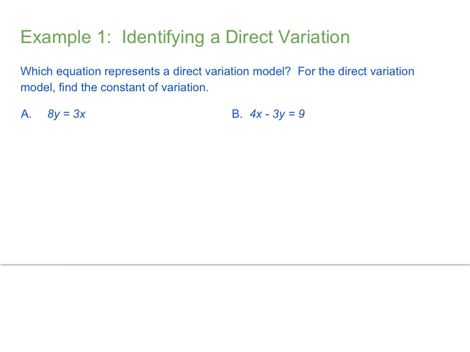Example 1. Identifying a direct variation. Which equation represents a direct variation model? For the direct variation model, find the constant of variation. So in the first case, we solve for y. We divide both sides by 8, and we end up with y equals 3/8 x.